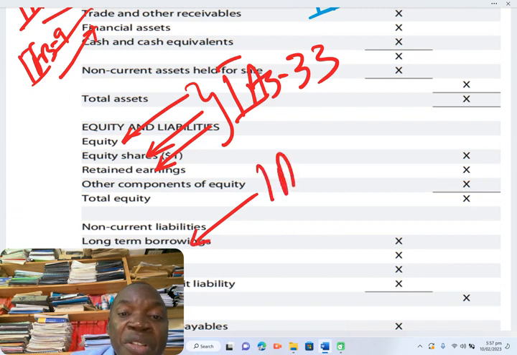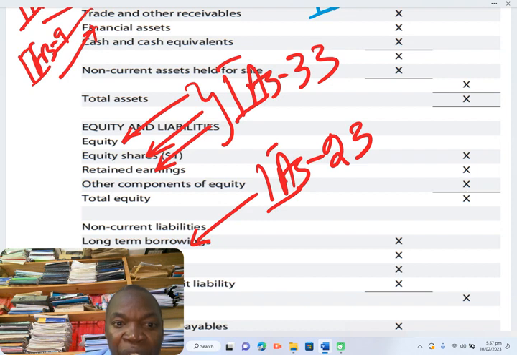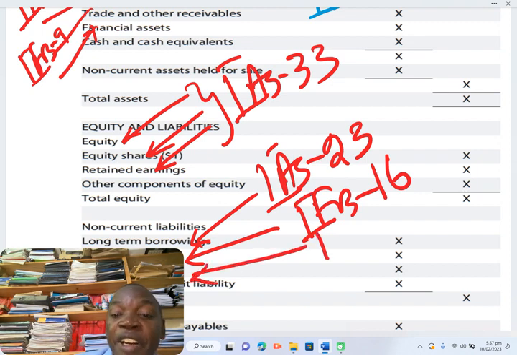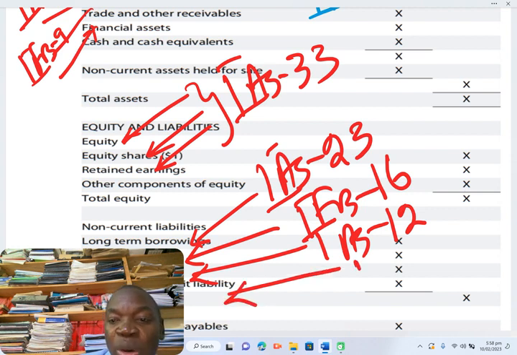Borrowings is just with IAS 23, lease is IFRS 16. Deferred tax is IAS 12. Retirement benefit, this one is IAS 19.